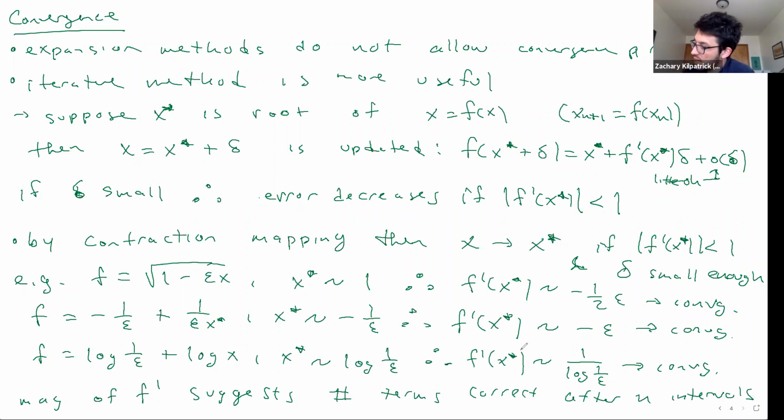If you check the magnitude of f prime, that's going to give you the order of change that you should expect on that step of your iterative procedure. And the smaller this gets, the less your expansion is going to change from one step to the next.